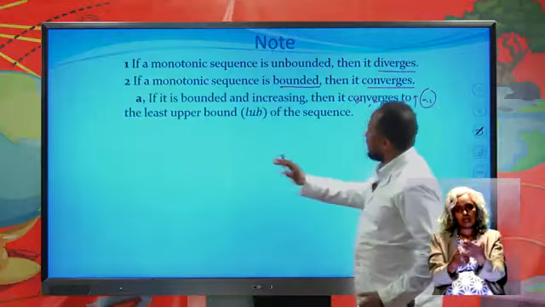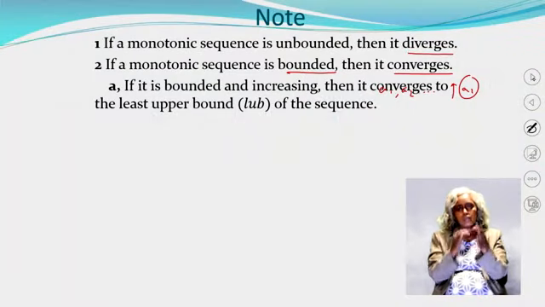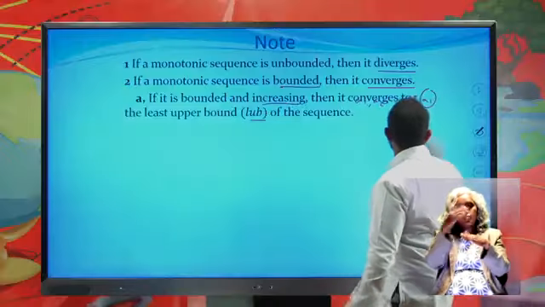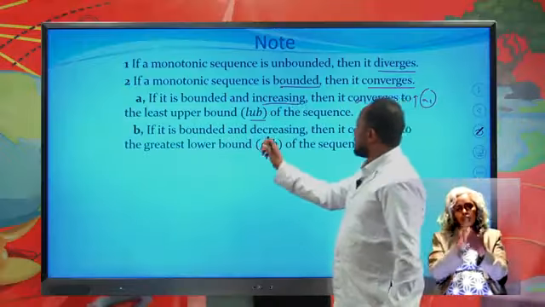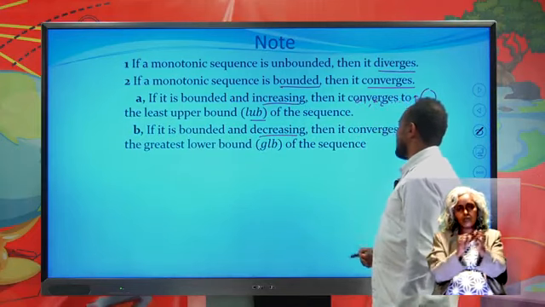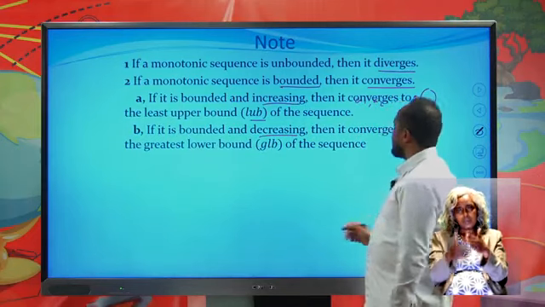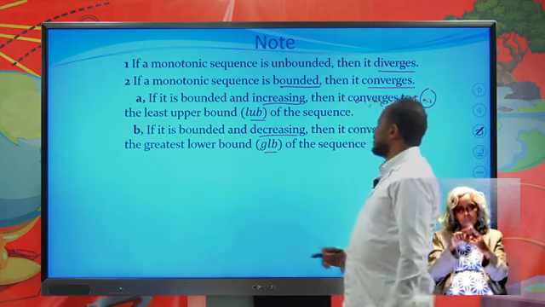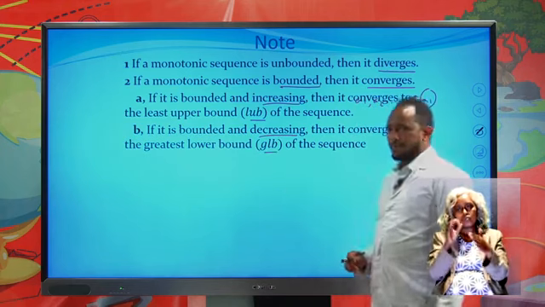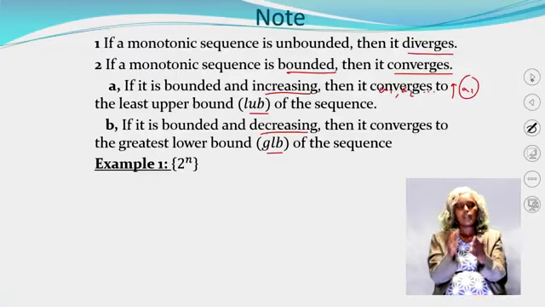So this is it. If it is a bounded sequence and increasing, it converges to its least upper bound. If it is a decreasing sequence and bounded, it converges to the greatest lower bound of the sequence. Now let's see an example for this.